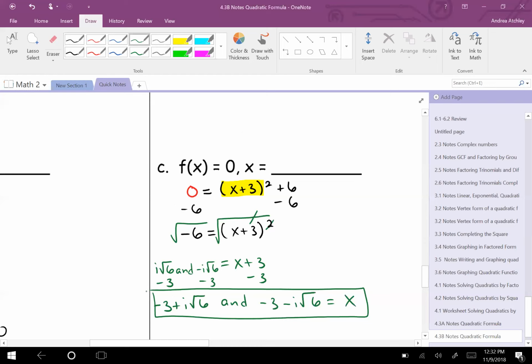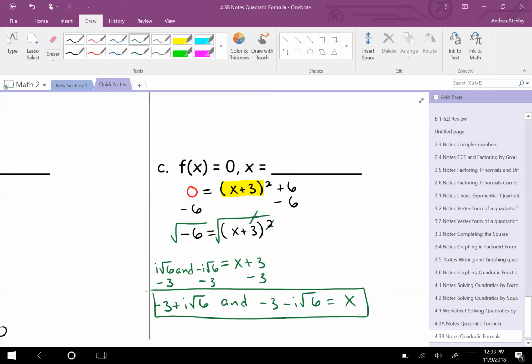Okay, now try and picture the graph in your head. Since my answers are complex, what would the graph kind of look like? Any ideas on what my graph should look like? Yes, complex, but what would the graph look like since there are 2 complex answers?